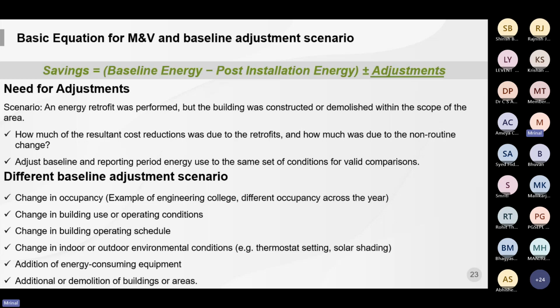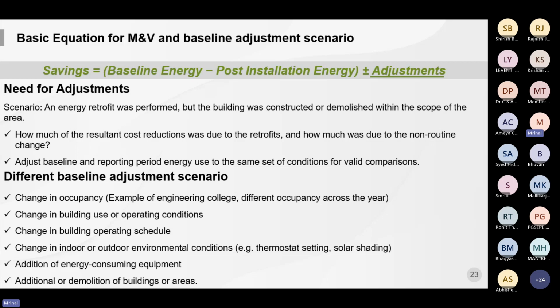Baseline adjustment scenarios are different. For example, in case of change in occupancy, like colleges. They have different semesters, so semester-wise or throughout the year, the occupancy will vary. The same case applies for hotels, where the occupancy differs at different intervals of time.